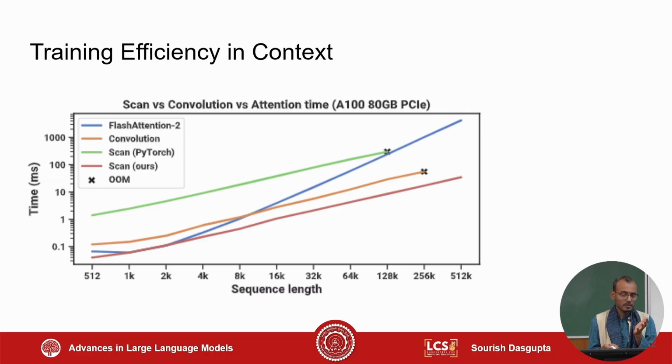Whereas for the others, even including flash attention, it starts running out of memory as you increase the sequence length, the length of the history. But Mamba very nicely shows an almost linear increase in time as you increase the number of tokens.